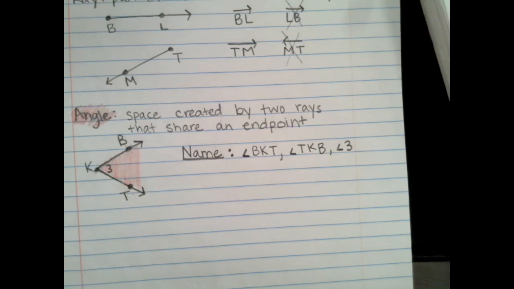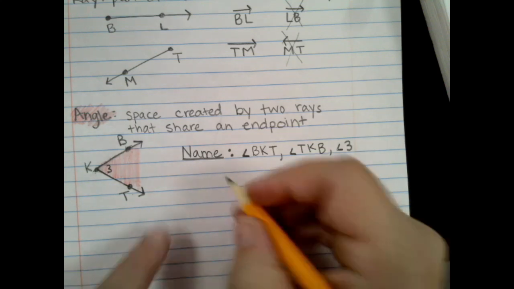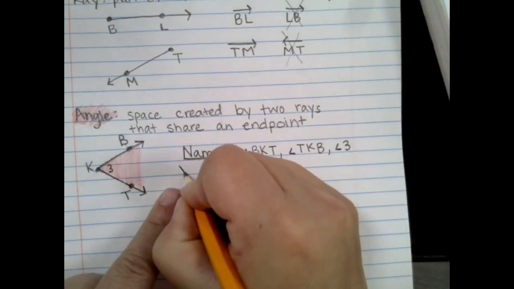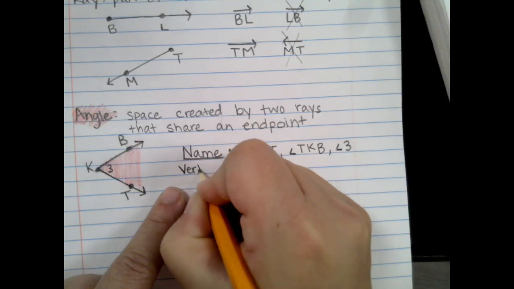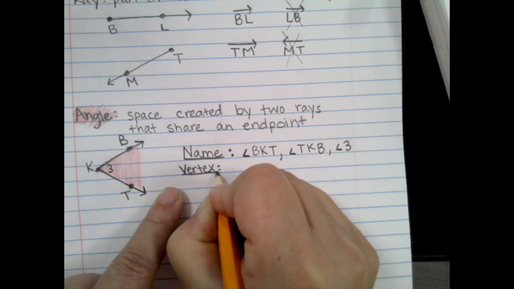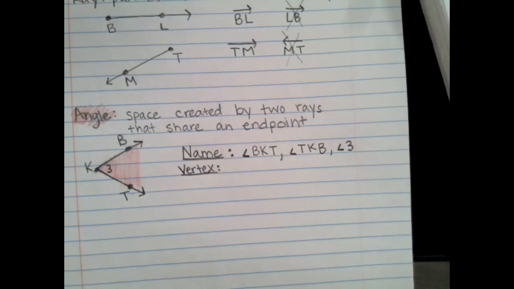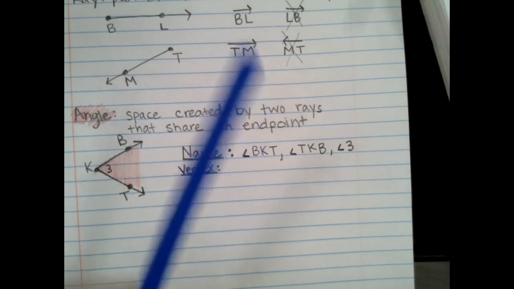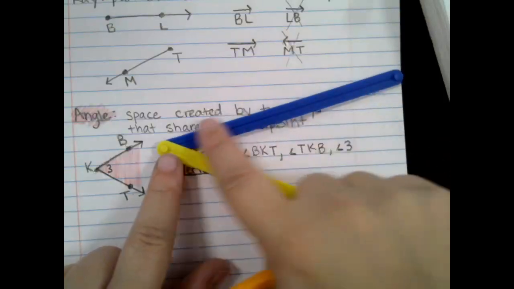All right, our vertex. When you think of the word vertex, what do we think of? Yeah, like a vertex of a mountain would be kind of the top. We talked about vertex with parabolas last year, which is the minimum or maximum. So our vertex is where the two parts come together.